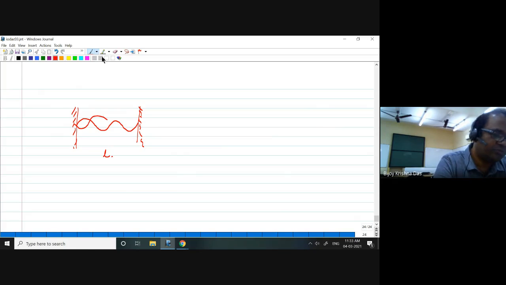It is not drawn correctly. The red one you can consider as a forward propagating wave, and the backward propagating wave will be like this. Ignore the amplitude, I'm just sketching, not correctly.